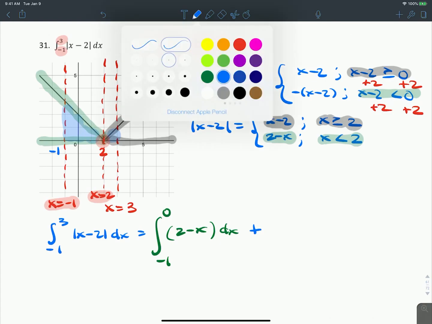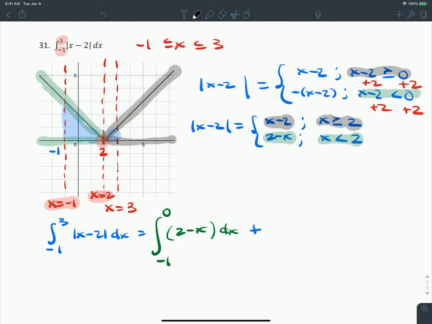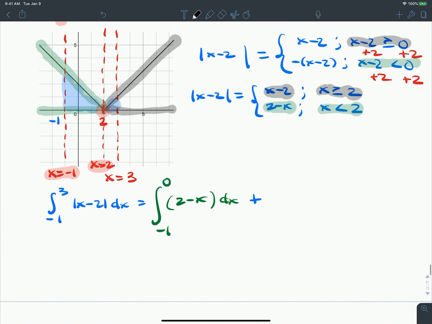Plus, now we're going to put this other one, I guess that was in black. We're going to integrate now from 2 to 1. And that curve here was x minus 2 dx.